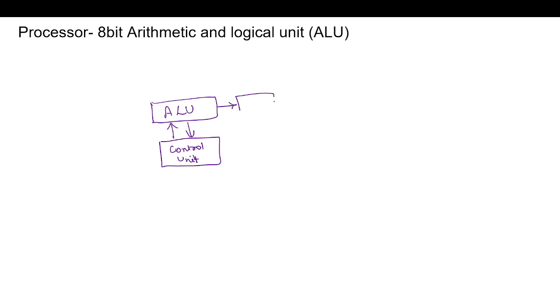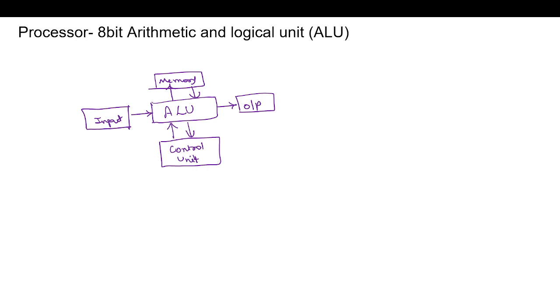It will get the operands from input or from the memory. It can store the result to the memory and get the input operands from the memory. So now, if this is my ALU, this will be the output.